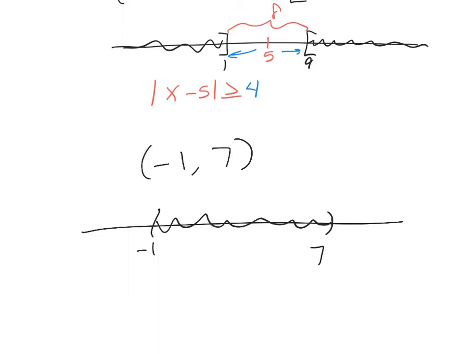How would you do that one? Well, the total distance would be 6. Total distance is what? 8. Oh, 8. You're just asking if I'm awake. I'm awake. What's the halfway mark? 4. So half of 8 is 4, so I'm going to take 7 and subtract 4 to get my position, or I'm going to take negative 1 and add 4.